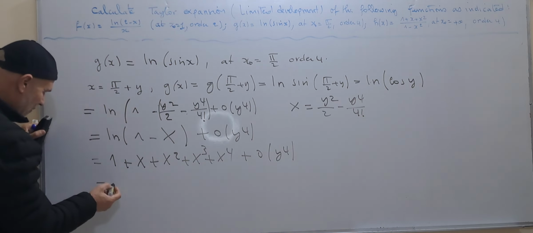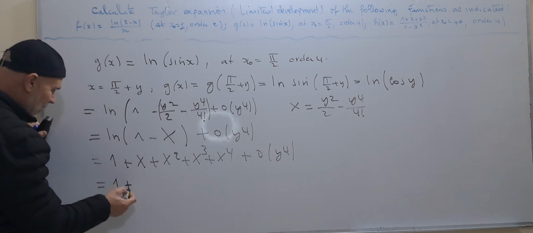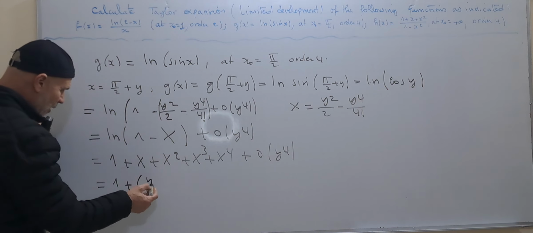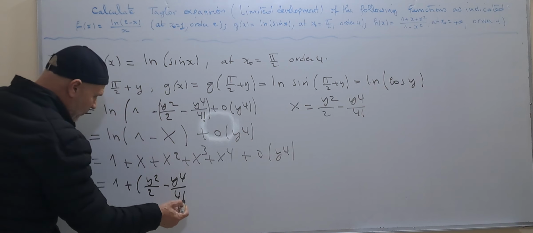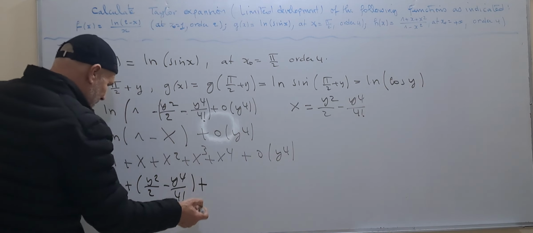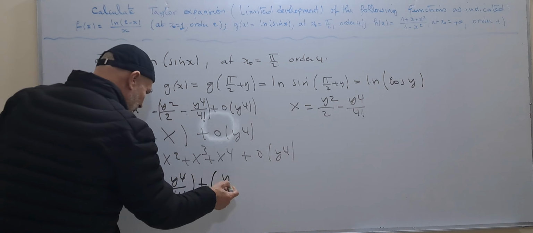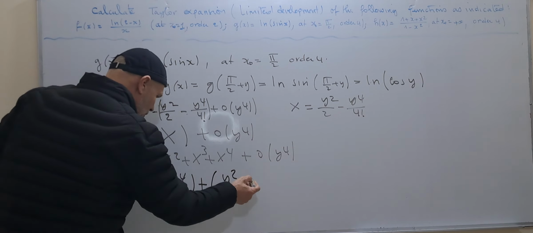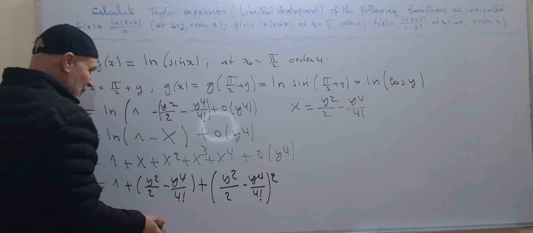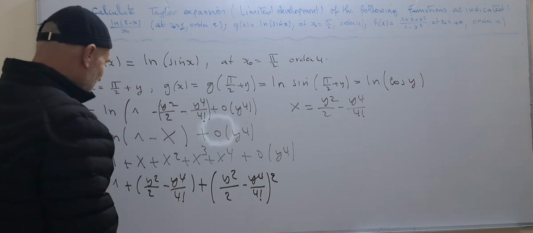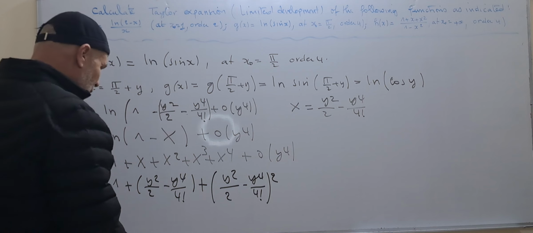So here we have 1 plus y squared over 2 minus y power 4 over 4 factorial plus y squared over 2 minus y power 4 over 4 factorial, power 2. And I think that I will stop here.